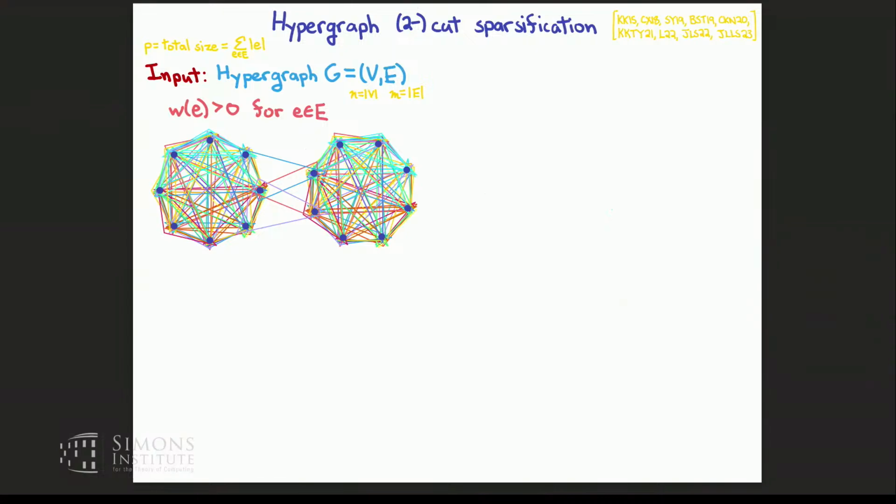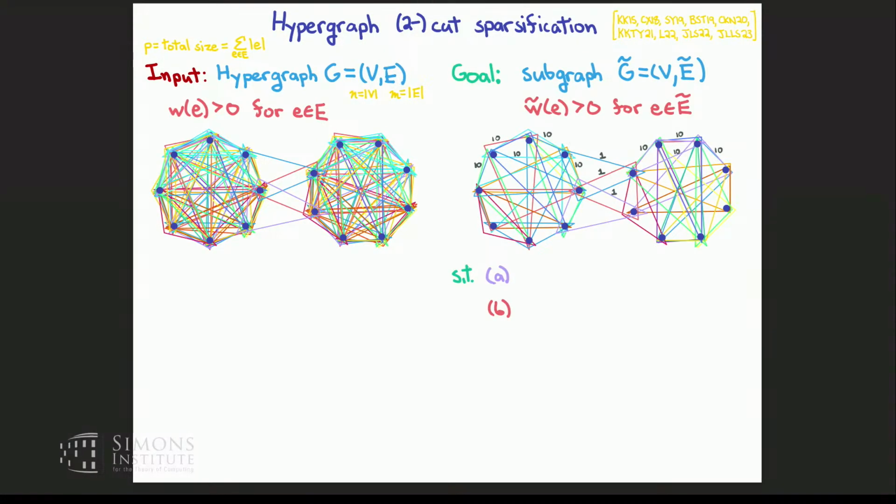So for hypergraph cut sparsification, we can frame roughly the same problem as before. I give you a really dense hypergraph, and I want to come up with some subgraph, only retain a subset of the edges, and I'm allowed to, again, adjust the edge weights. And just like before, morally, I want to keep the number of edges I retain as small as possible, and I want to preserve the weight of every cut in the graph.